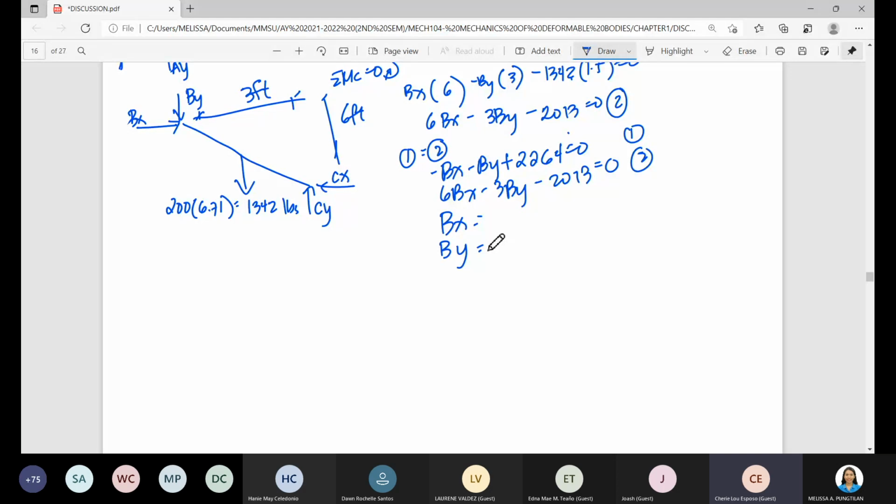So, Bx is equal to 153.67 and By is 412.34 pounds. So, pa-double check na kung parehas tayo ng nakuha.